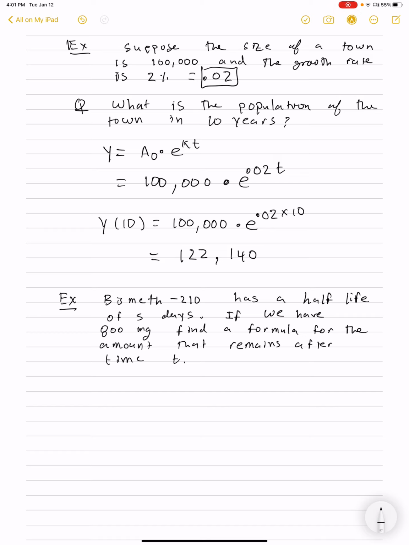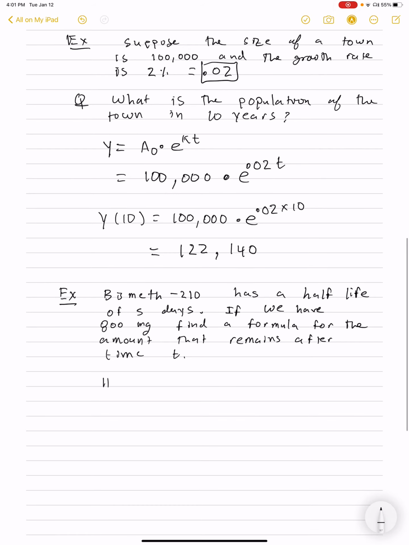So we view this as the same relationship: the amount of mass at time t, which I'm going to call m of t, has the proportionality relationship that its rate of change is equal to k times m.